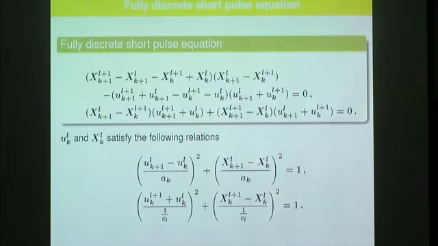Okay, you can understand from this conservation law. And also you can discretize the time part, and if you discretize time, you can also get a fully discrete analog of the short pulse equation. But this is very interesting because here x and u are in a coupled equation, but there is some identity.